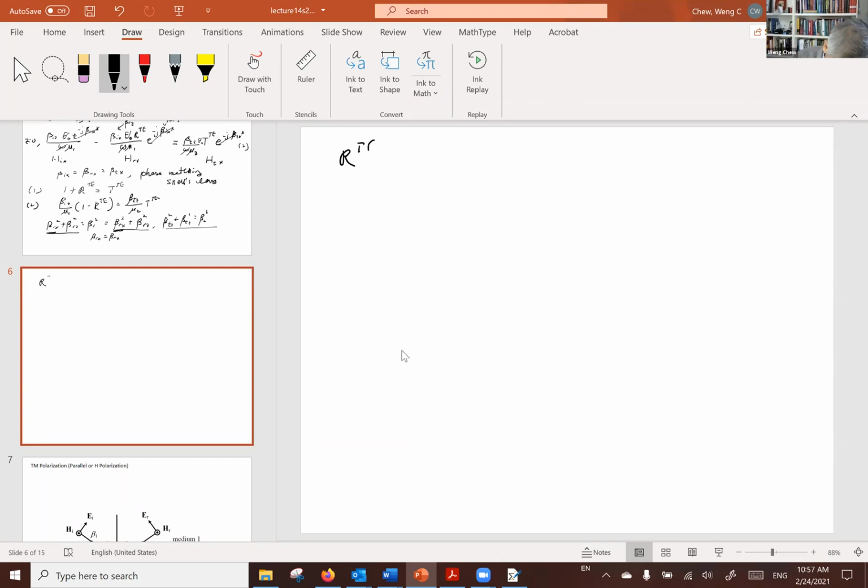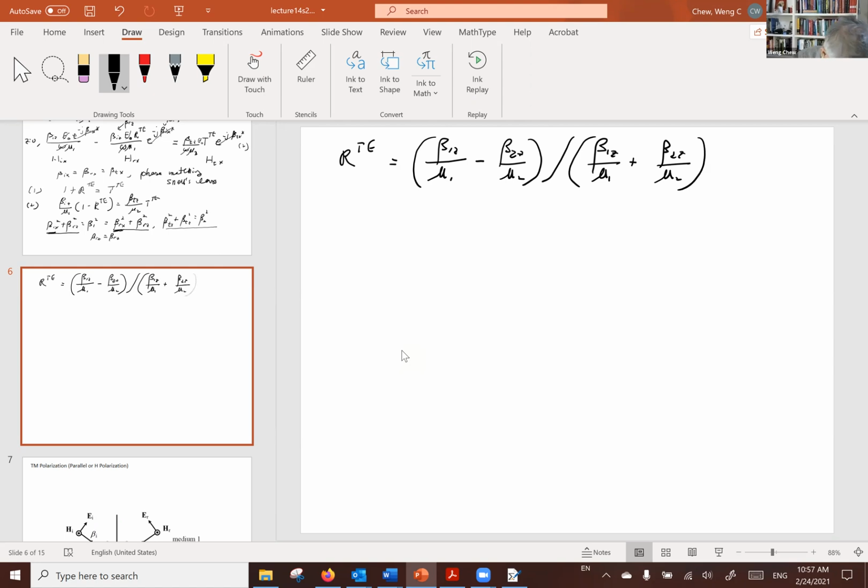RTE after solving them would be something like beta 1z over mu1 minus beta 2z over mu2 divided by beta 1z over mu1 plus beta 2z over mu2.